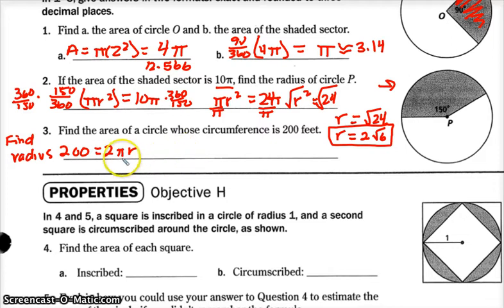Now, to solve for r, I can divide both sides by 2. So 100 equals pi r. And then divide both sides by pi. So the radius equals 100 over pi.